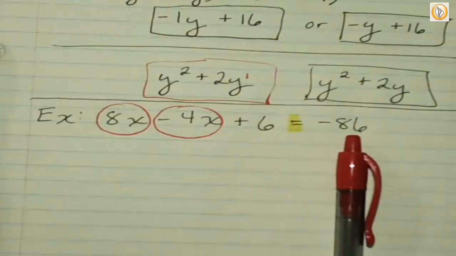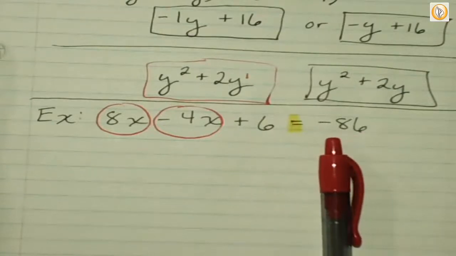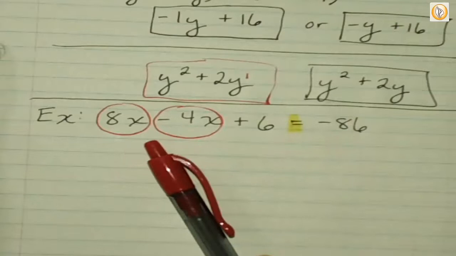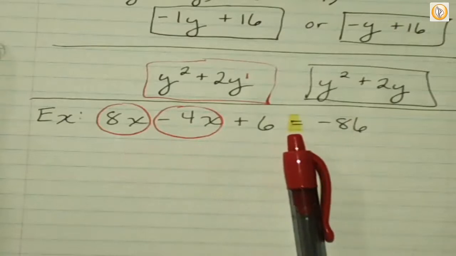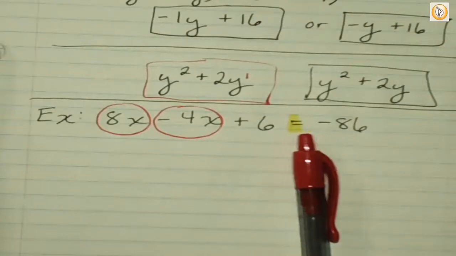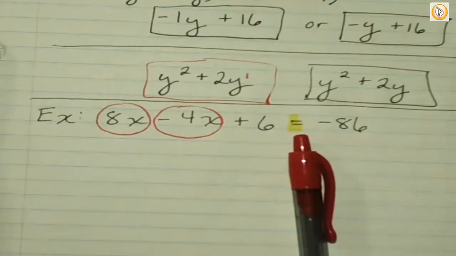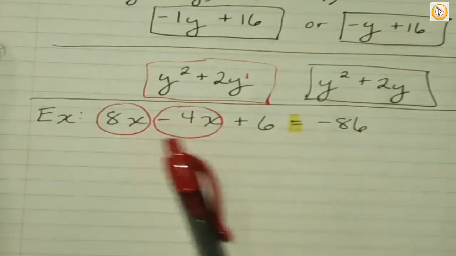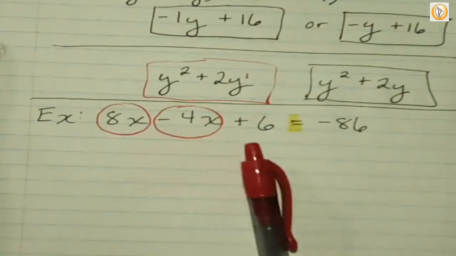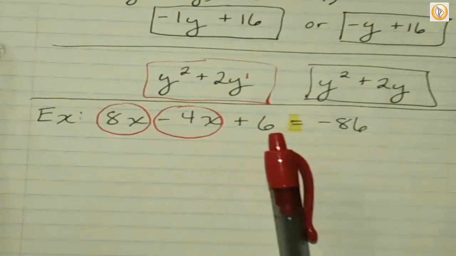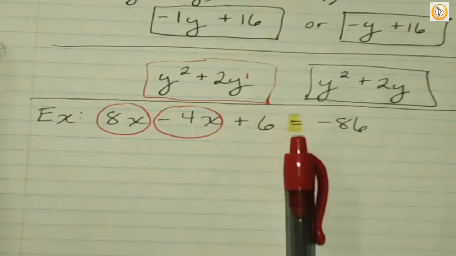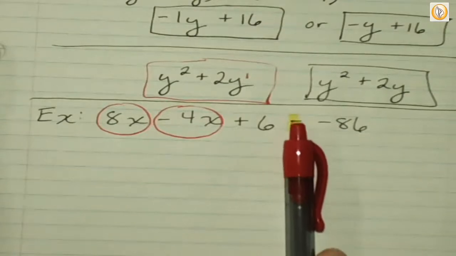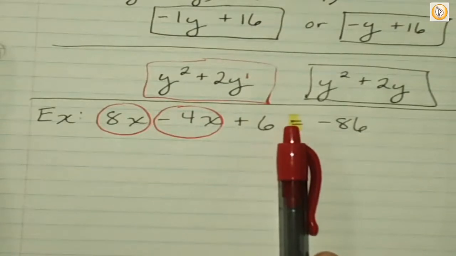This 6 and this negative 86 right now cannot be combined like we're doing here, because one's on one side of the equal sign and the other's on this side, okay? So right now, see how we're combining these two? Y'all all three see this? We can't combine 6 and negative 86 because there's this door, remember the door? that's in between them.